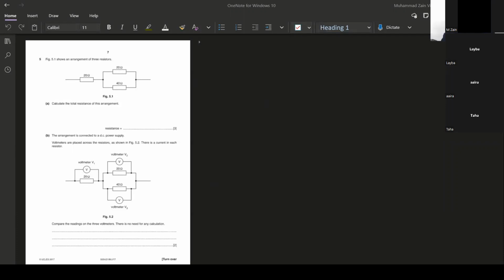Okay. So is my screen visible to everyone? And is the screen clear? Like the resolution and stuff?